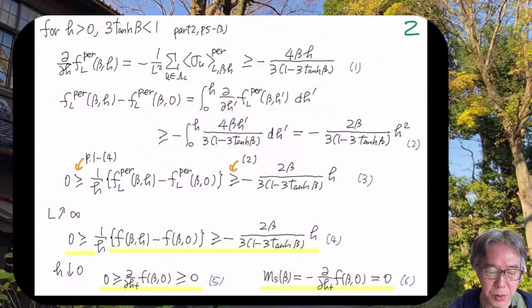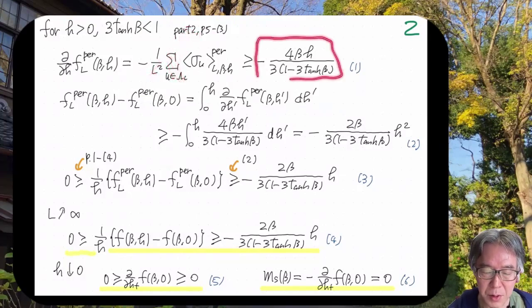Here are a bunch of u's, but they are all the same, and they satisfy the same inequality. Summing all this up is the same as multiplying this by L squared, but you divide it by L squared. So what you get is simply this.